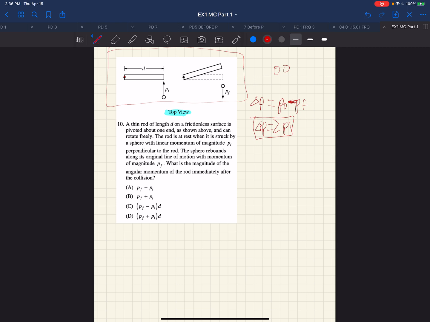Law of conservation of momentum says the total momentum of the system must remain constant. So if the sphere has a momentum in this direction equal to a magnitude equal in this direction, then the rod must have momentum in the other direction.